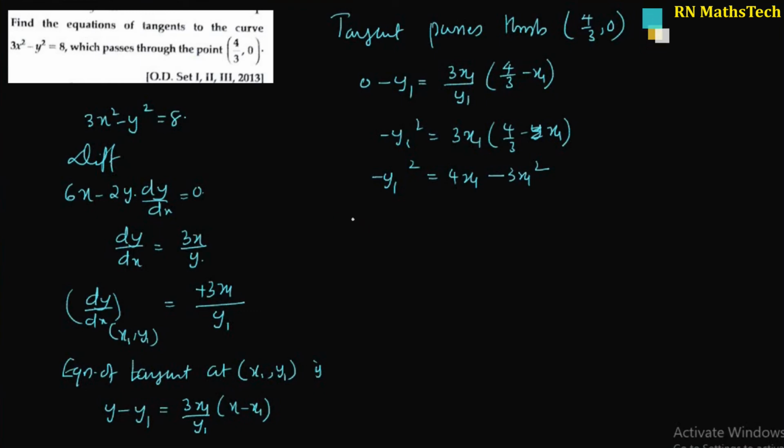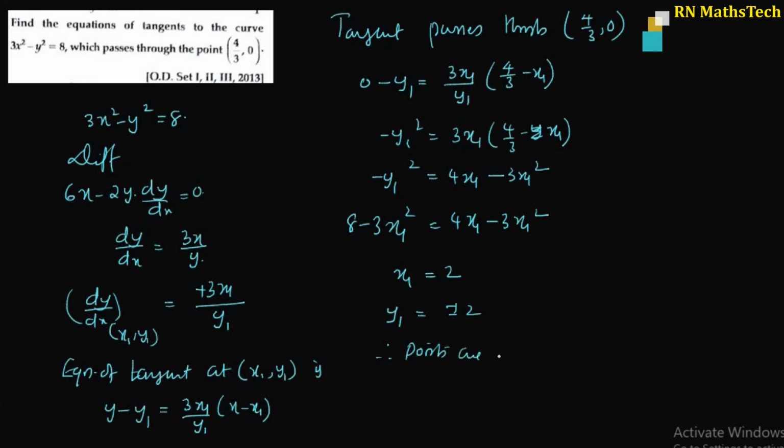So minus y1 square is 8 minus 3x1 square, equal to 4x1 minus 3x1 square. So x1 is equal to 2. When x1 is equal to 2, y1 is equal to plus or minus 2. Therefore the points are 2, 2 and 2, minus 2.